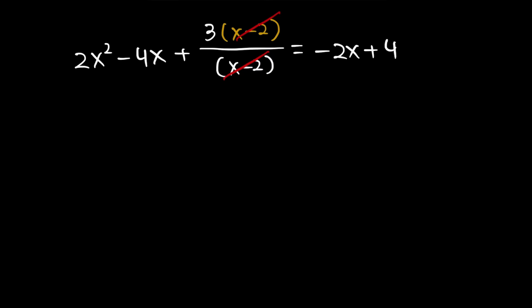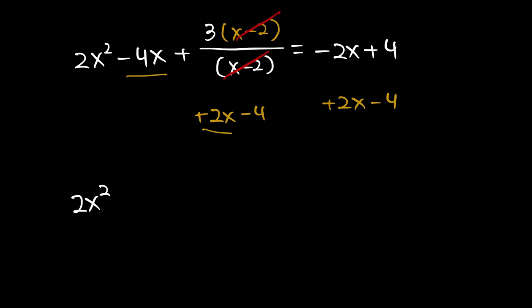So whenever we solve quadratics, what's the first thing we have to do? Make one side equal 0. So we can do that by adding 2x and then subtracting 4 on both sides. So add 2x and then minus 4 on both sides. So over here on the left hand side, 2x squared remains the same. Here we have minus 4x and then plus 2x.